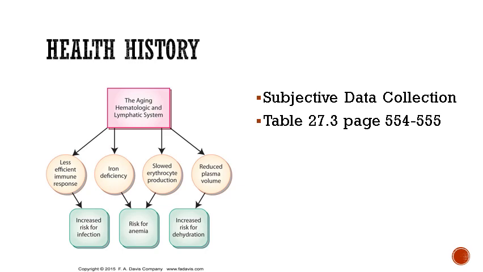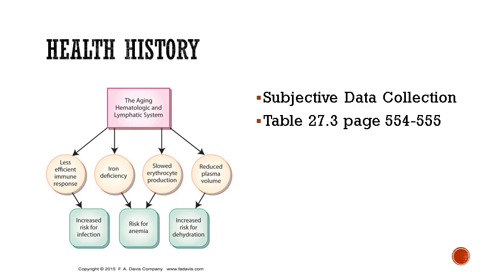Looking at the graphic here, the aging hematologic and lymphatic system. As we get older, we have a less efficient immune response, which increases our risk for infection. We have natural iron deficiency, which is why all older adults take an iron supplement, and that increases our risk for anemia.